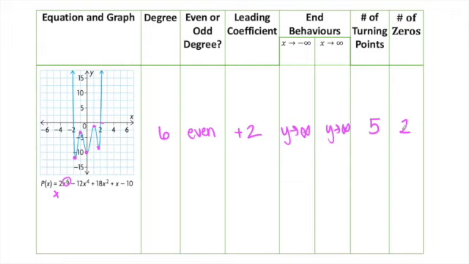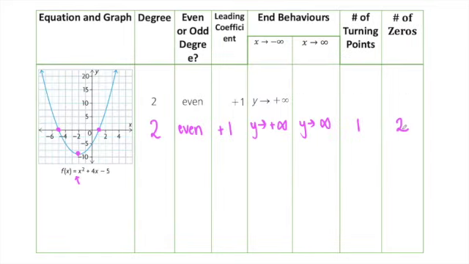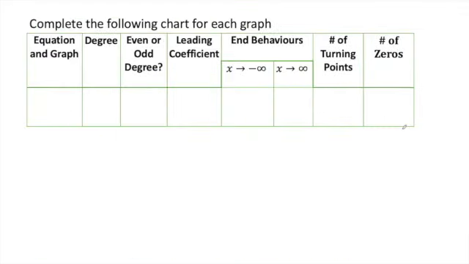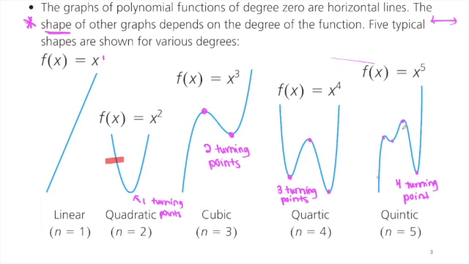So that is kind of like the same for each example there. If you see at the bottom of your handout, you will see those 4 examples we just went through. So we just did 1, 2, 3, 4. Then at the bottom here, it says for even degrees, your number of turning points.